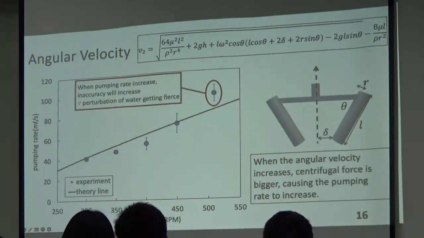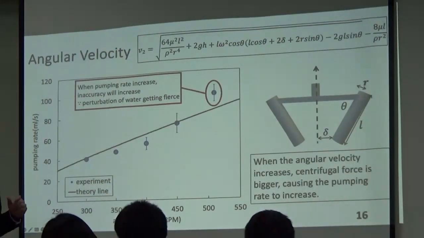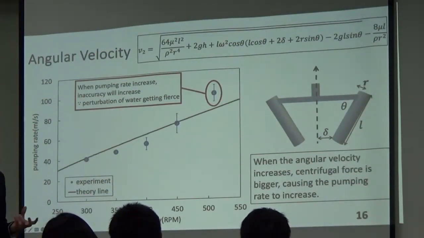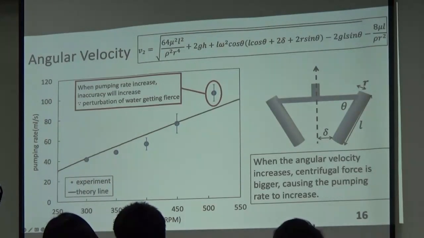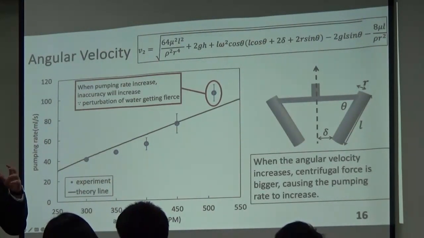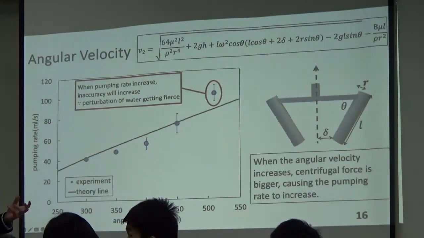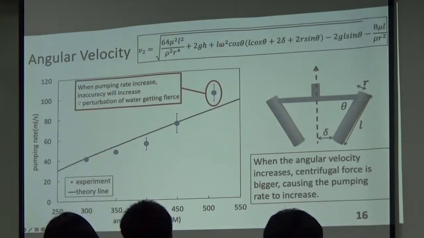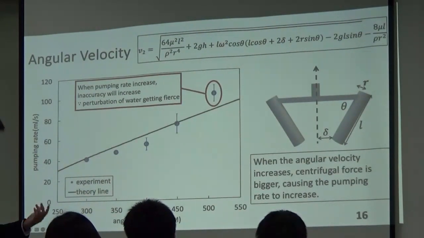And in this chart, you can see that the x-axis is the angular velocity, and the y-axis is the pumping rate. And when the angular velocity increases, the centrifugal force will become bigger, and it will be easier and faster for the straw to bring out water. So when the velocity of the water flowing out increases, the pumping rate will increase, since the cross-sectional area remains the same.